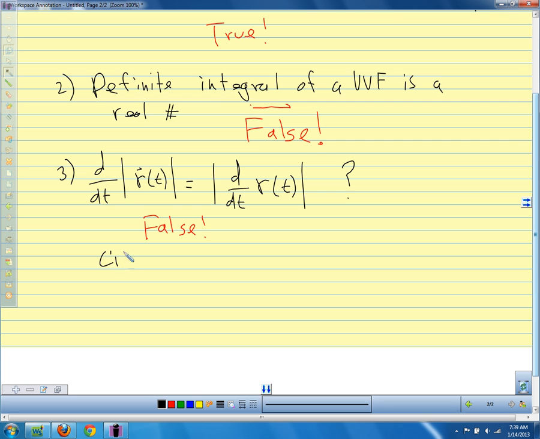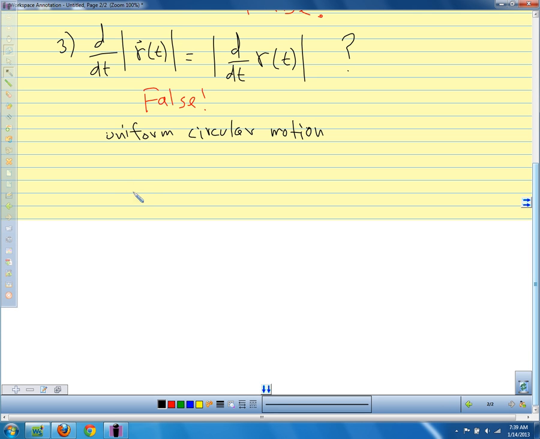So let's look at a quick example of this on uniform circular motion. Let's say that r of t is, how could I write a vector value function for a uniform circular motion?